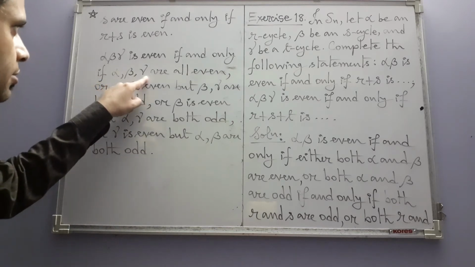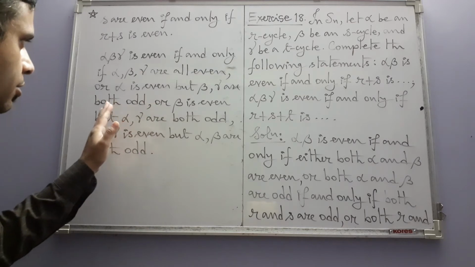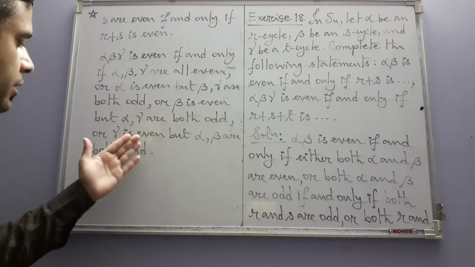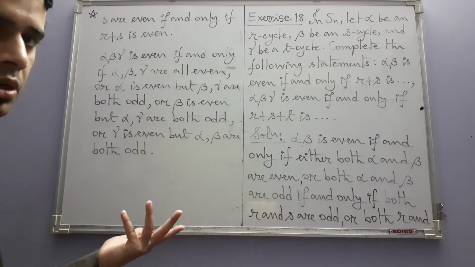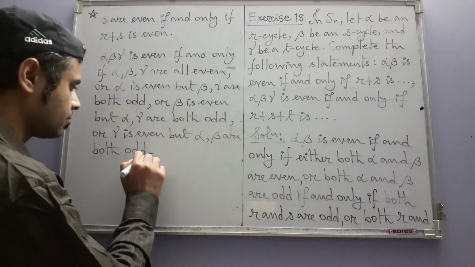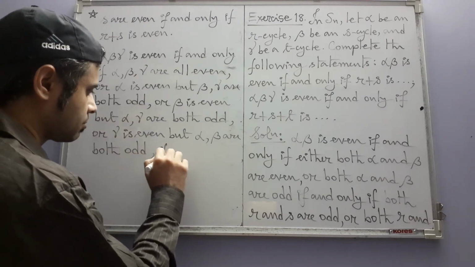Zero odds, it works. Exactly one odd, that does not work. Two odds, that works. Three odds will not work. So these are all the possibilities, if and only if.